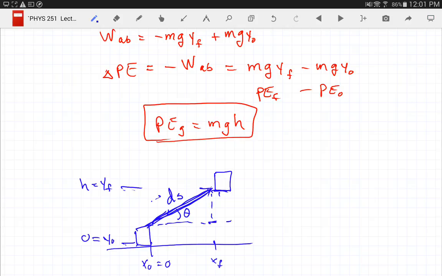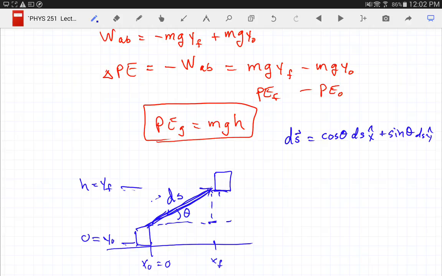I got myself confused. It is right to put dx vector, but I got myself confused. So my ds vector should be equal to, in the x direction, cosine theta ds x hat. See the difference? And in the y direction, sine theta ds y hat.